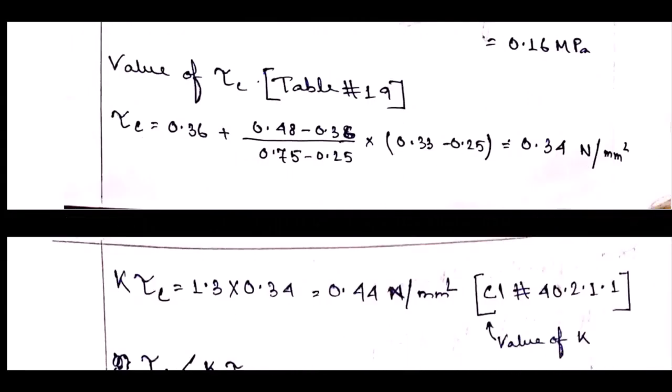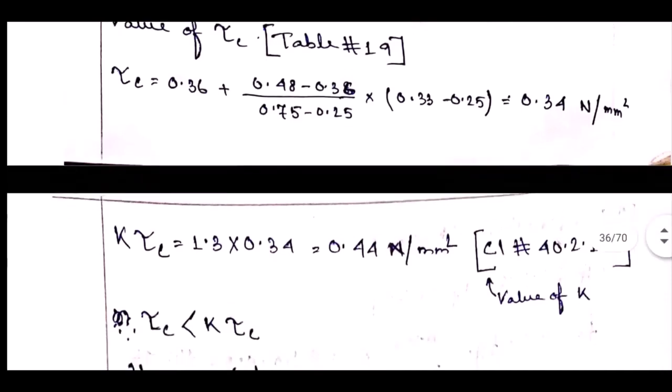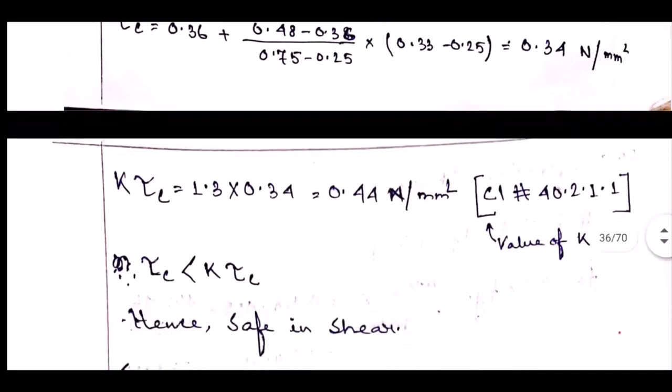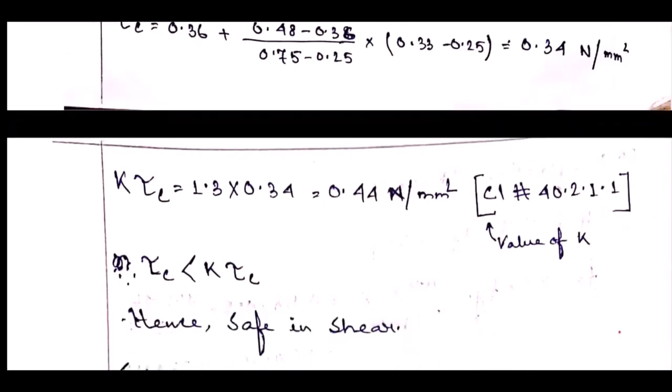K tau C equals 1.3 into 0.34, that equals 0.44 Newton per millimeter square or megapascal. So tau V is less than K tau C, hence safe in shear. That means no shear design is required for this case.